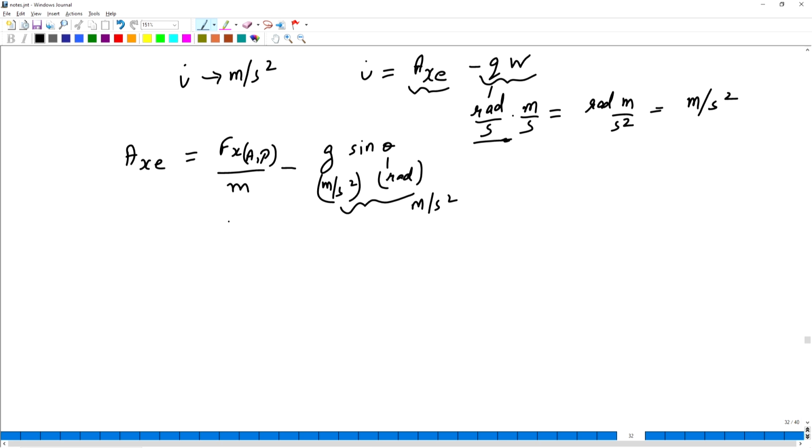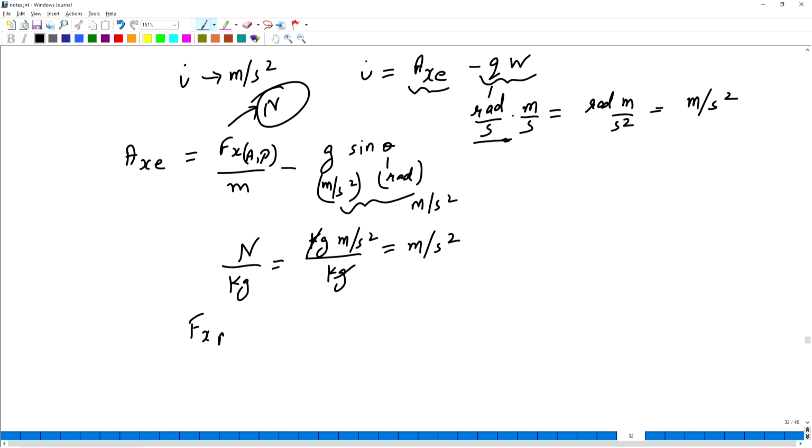Now if we consider force in newtons and the mass is in kgs, this can be further simplified as kilogram meters per second square divided by kilogram. So finally we have meters per second square. So ensure this force is always in newtons.